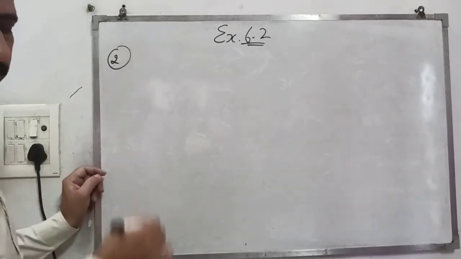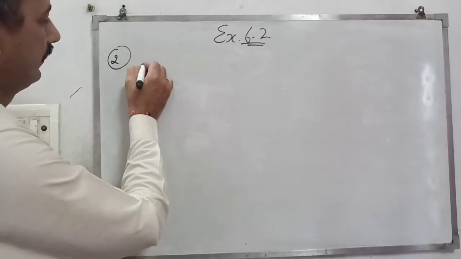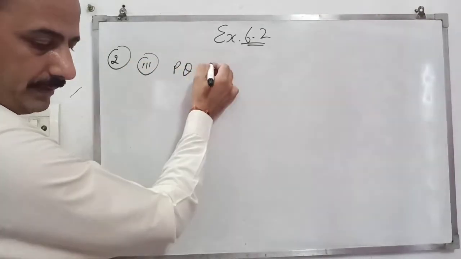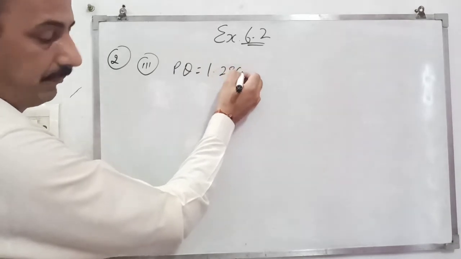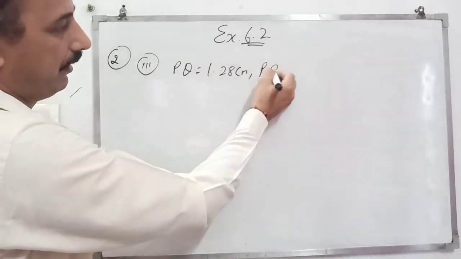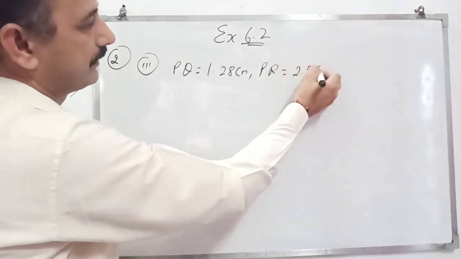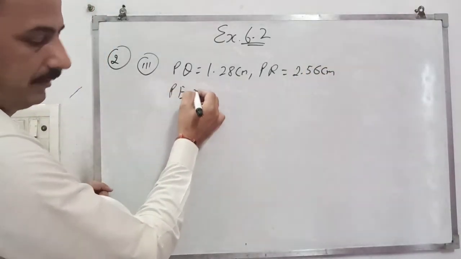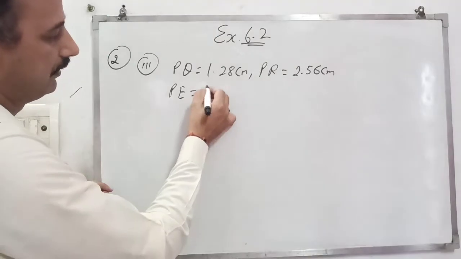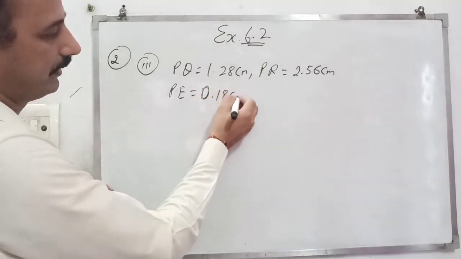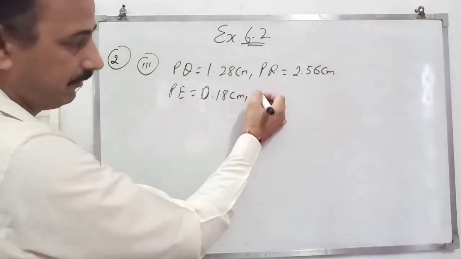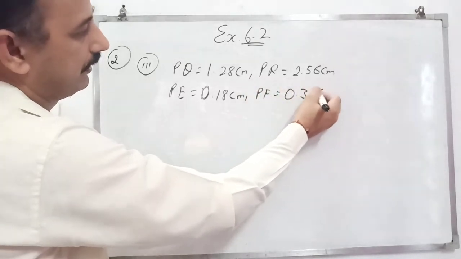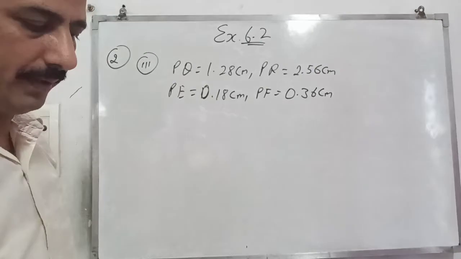PQ is given as 1.28 centimeter, PR is 2.56 centimeter, PE is equal to 0.8 centimeter and PF is equal to 0.36 centimeter, right?